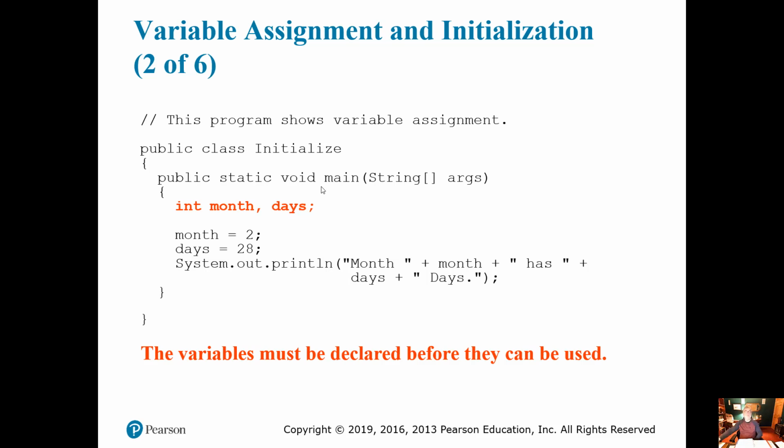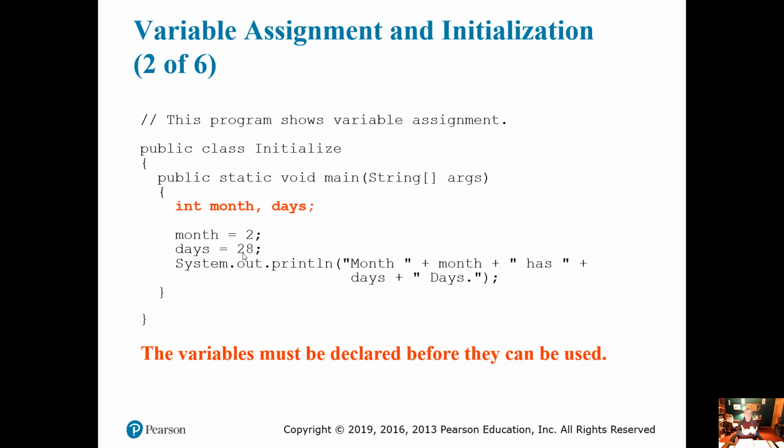Store it somewhere. And so when I say month equals 2, it stores it in memory somewhere. Don't know where. Don't care. I just called it months. Days equals 28. I stored it somewhere else. It's equal to 28. Again, I can only store one number at a time.